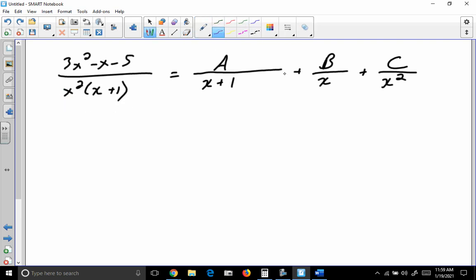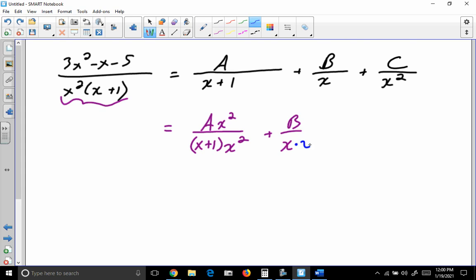We need to collect, take the right side, we need to put those together. In order to do so, we need the common denominator. So this first one already has an x plus 1 on bottom. It needs to pick up an x squared to have that denominator. So if we pick up an x squared on bottom, we get 1 on top. The next one has an x.